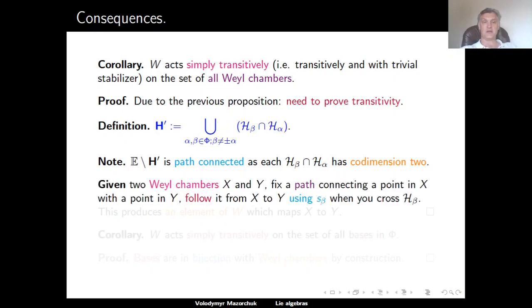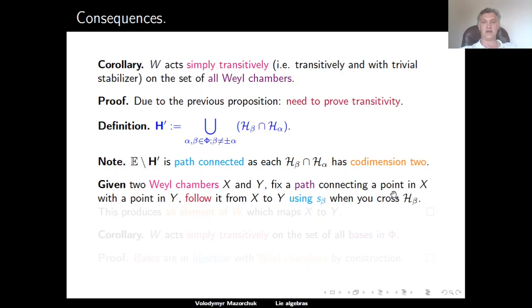So in particular, if we have two Weyl chambers X and Y, we can fix a path from a point in X to a point in Y which avoids H prime. Now we follow this path starting from a point in X, and every time we cross some H beta, since we avoid H prime, we cross a unique H beta. We cannot cross two or more H betas at the same time.